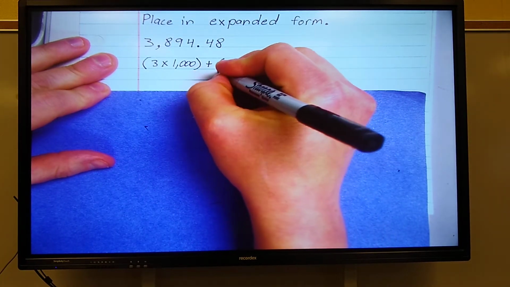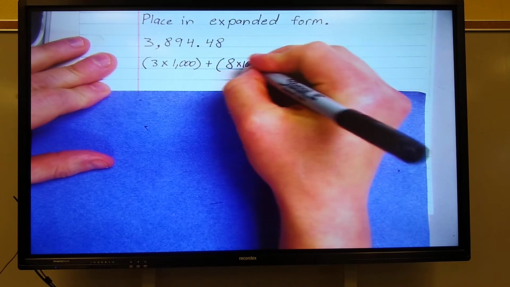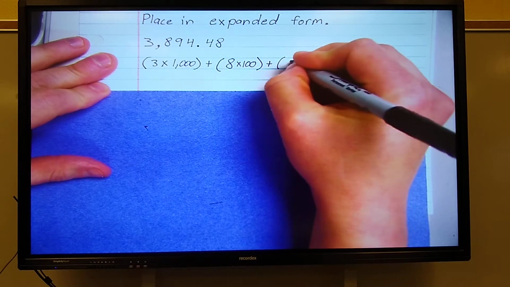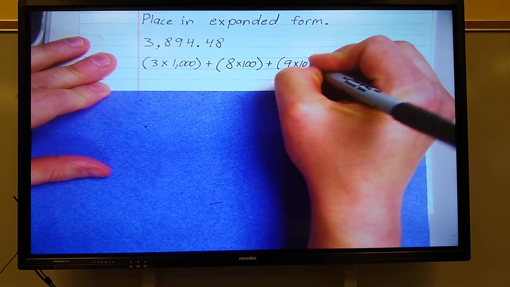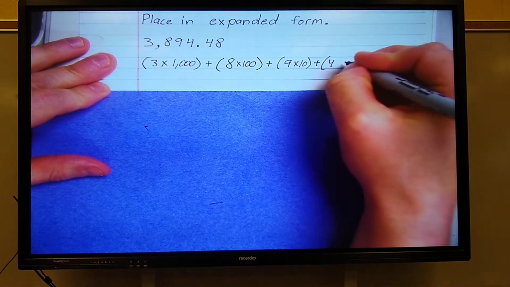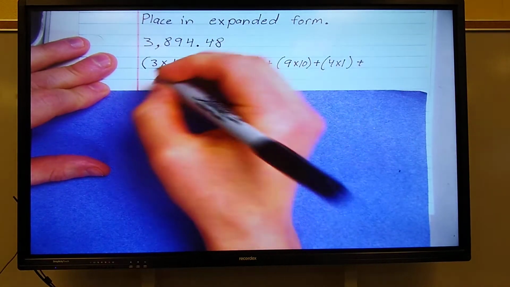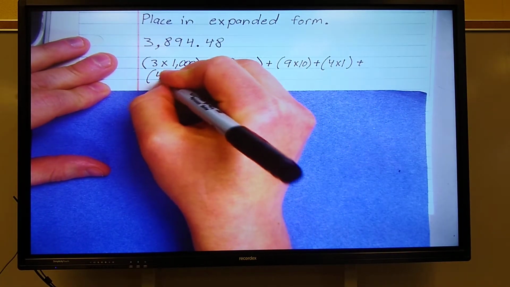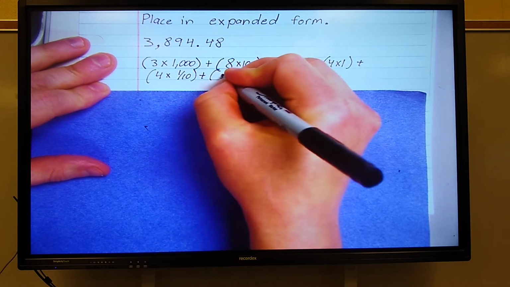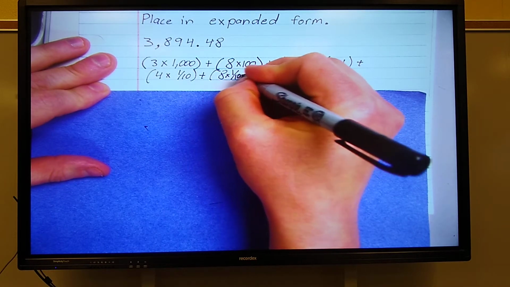Plus, the 8 is in the hundreds place, so 8 times 100. Plus, the 9 is in the tens place, so 9 times 10. Plus, the 4 is in the ones place, so 4 times 1. Plus, the 4 is in the tenths place, so 4 times 1/10. Plus, the 8 is in the hundredths place, so 8 times 1/100.